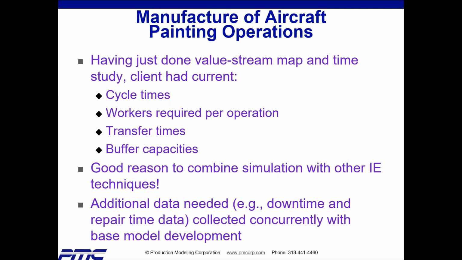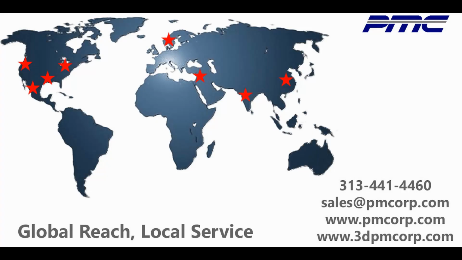How much of a problem is downtime and repair time causing? And that data could be collected concurrently with continuing to build, verify, validate the model in order to shorten the overall calendar time on the project.